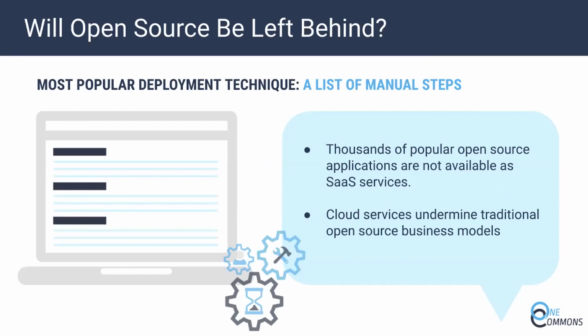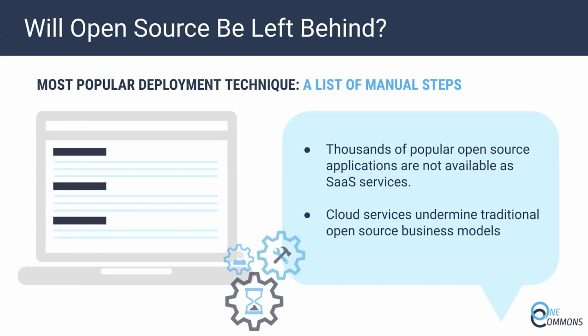and this is becoming more and more of a problem for lots of open source software, that there's just thousands of applications. They're not really in a position to create their own SaaS service. They're not going to be on the big cloud providers' product catalogs. And we've probably seen all the news stories about how these big cloud providers are undermining traditional open source business models.